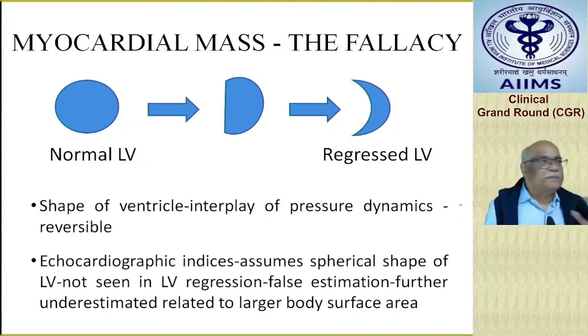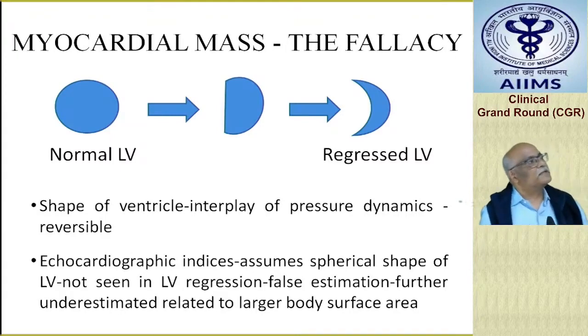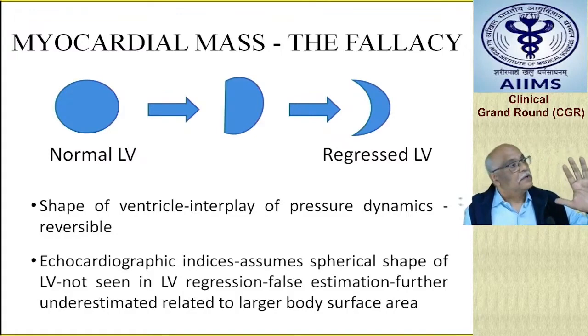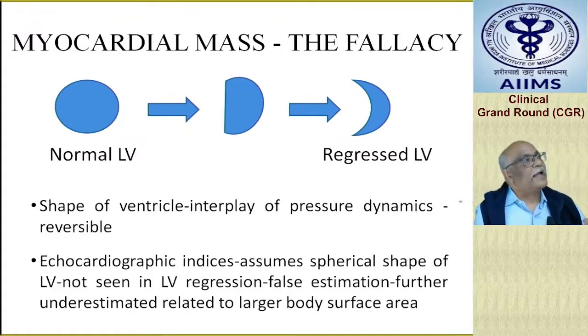But the Simpson method that is used by my echocardiography friends, they will tell me, the Simpson method is based on assuming the transverse axis, the equatorial axis, as spherical. You consider it as a sphere, and like a stack of coins, you divide the LV into multiple slices, then you calculate their volume, multiply by density, and then you calculate mass. But now the LV has become banana shaped, not spherical.